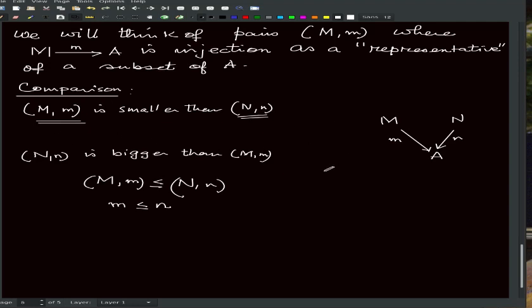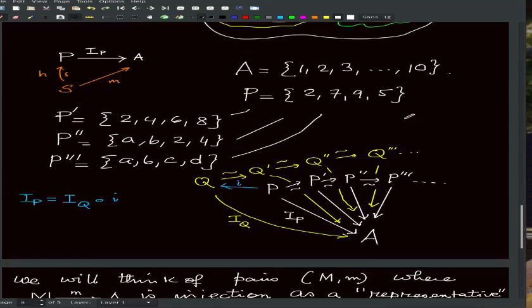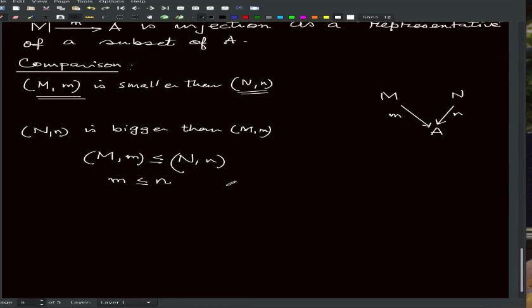So we are kind of, I'm saying, we can shorten. So when will we say all such things? As we just noted, remember this one. P was smaller when from the small to big you have a map. So you have a morphism. So you have a function h.